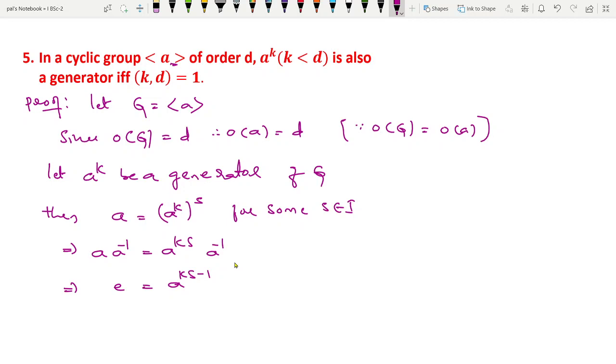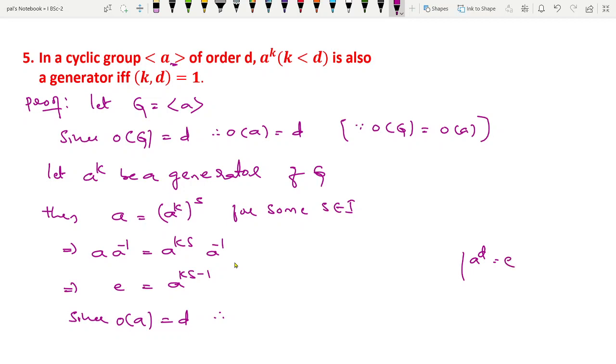The order of the element a is given as d. Since the order of a is d, a to the power d gives the identity element.